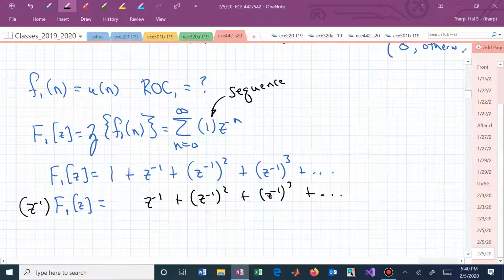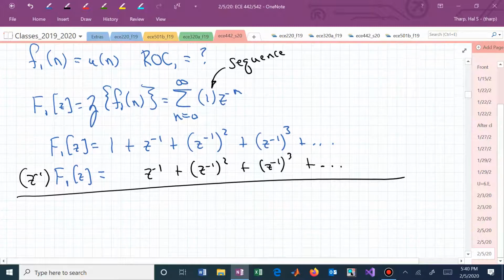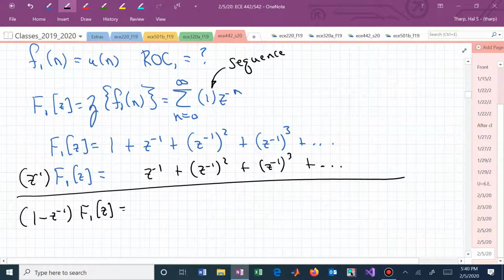Are we following along with what we're doing? Such that if we now subtract the bottom row from the top row, we end up with 1 minus z to the minus 1 times f sub 1 of z equaling 1.